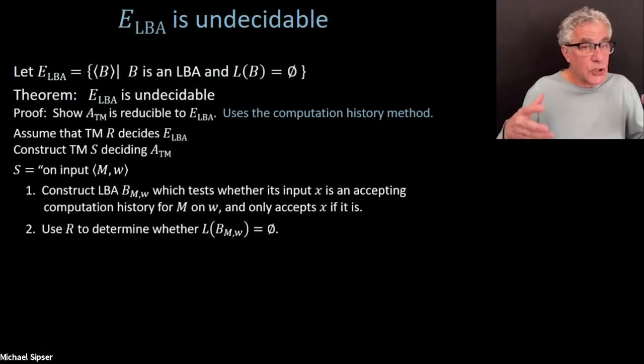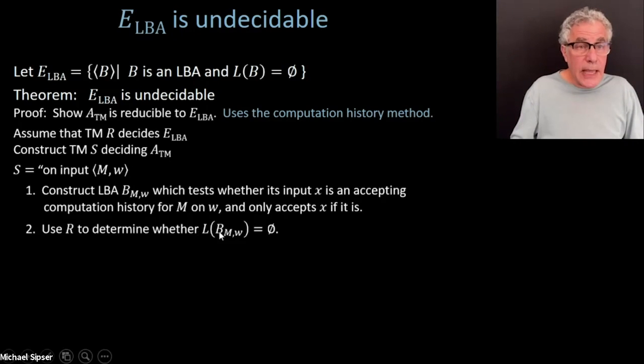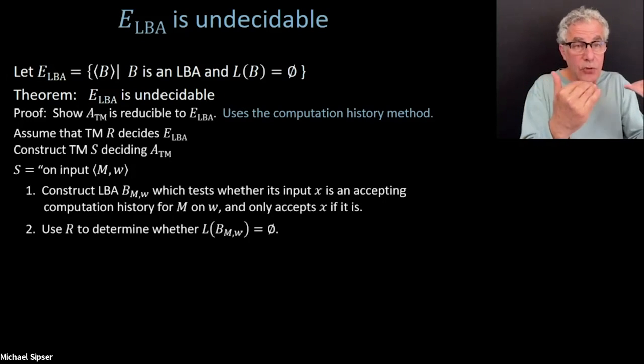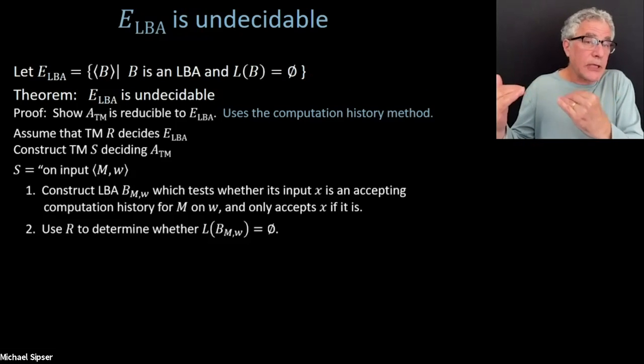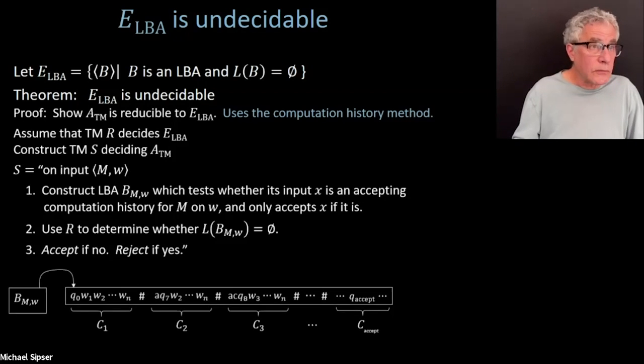It's not like you can take that string and just build a string into the LBA, because you don't even know if that string exists. But what you can do is you can make the LBA follow the rules of M. It knows W and it knows M, so it can take its input and, using W and the rules of M, see if that input is a computation history for M on W. And that's what it's going to do.